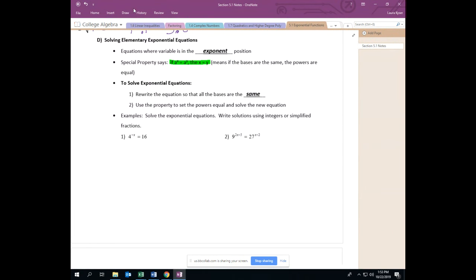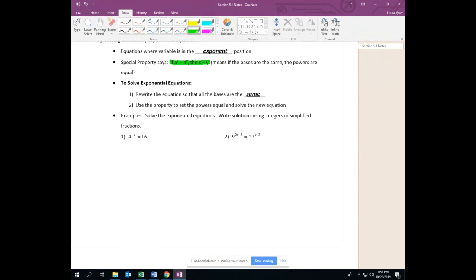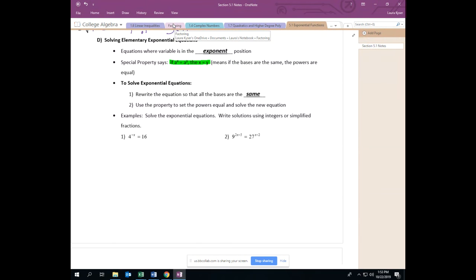So what we want to do is try to rewrite one or both of the bases so that they match each other. We are going to be taking larger bases and making them smaller numbers raised to a power. Put a little note there.